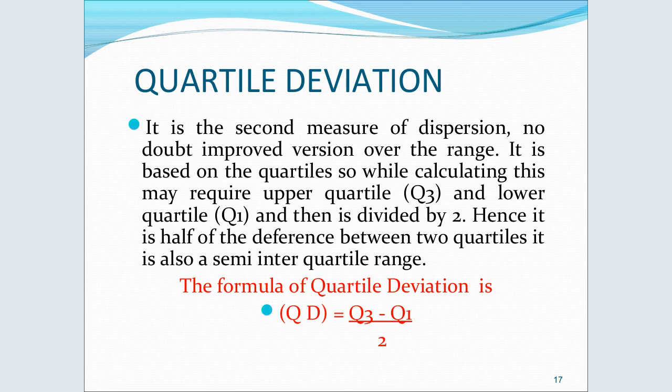It is given a symbol. This very symbol, QD, Q dot D, that is quartile deviation, is given by half into bracket Q3 minus Q1.